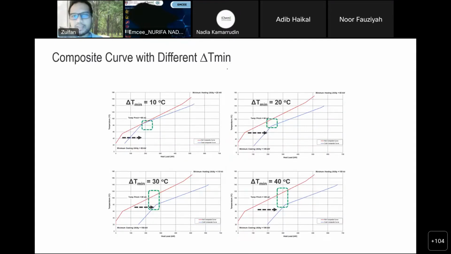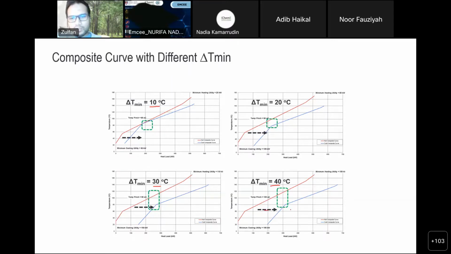You can also select a different delta Tmin, going lower or higher. In this case, 40 degrees is somewhere around here.